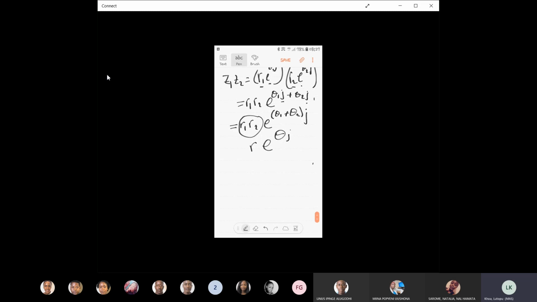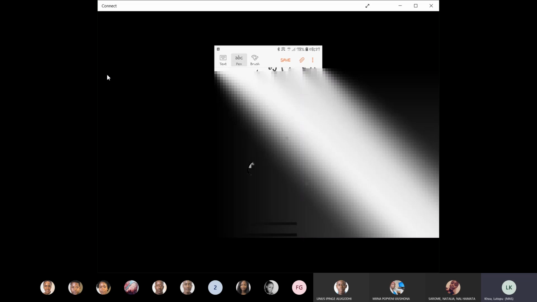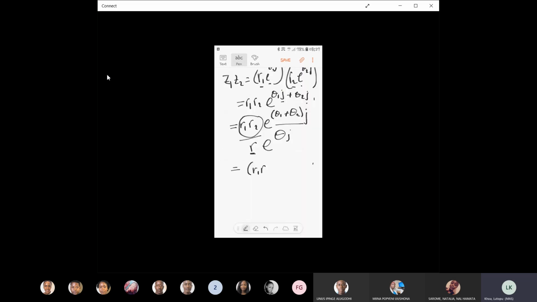And from here, I can rewrite this in polar form. This is just my r, but here my r is the product of r1 and r2. So I have r1 r2, and then my angle is theta 1 plus theta 2. And you can see this is exactly De Moivre's theorem.